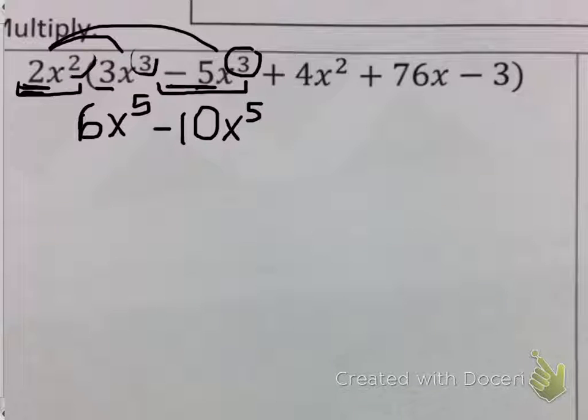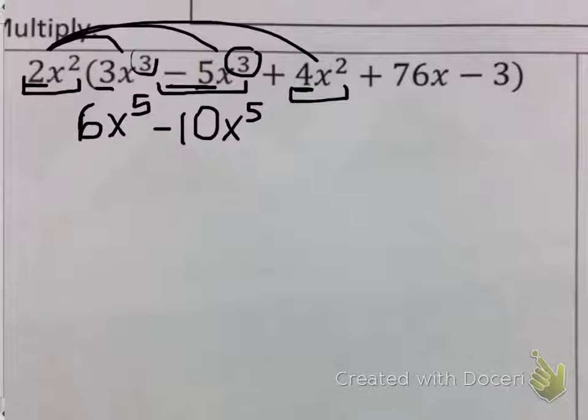Now, we are going to take our 2x squared and distribute it to our third term, which is this 4x squared. We're going to take our front numbers right here and multiply those together.